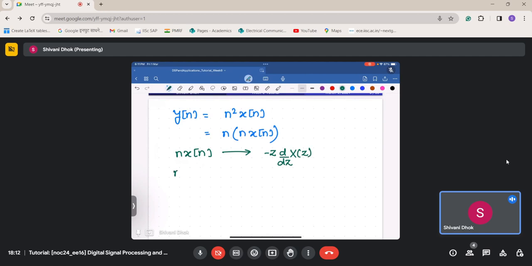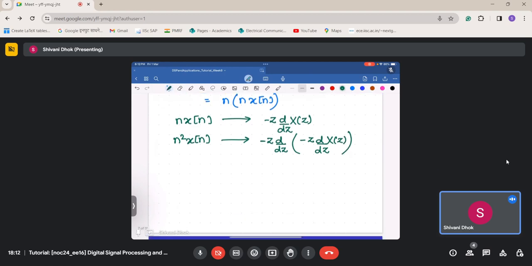So this n square x(n), rather n into this quantity, will have a Z transform of minus z into d/dz of the Z transform of this quantity here, which is minus z d/dz X(z).